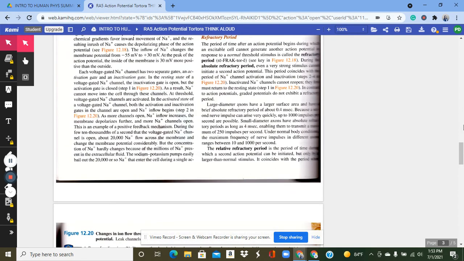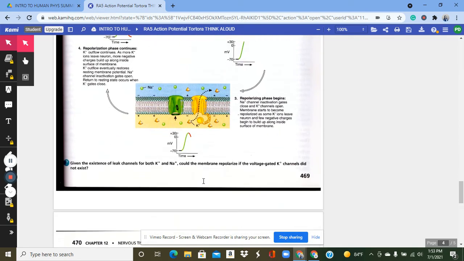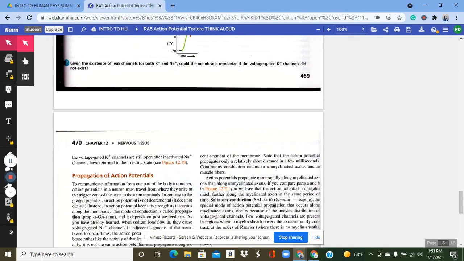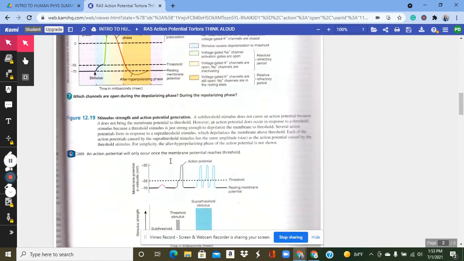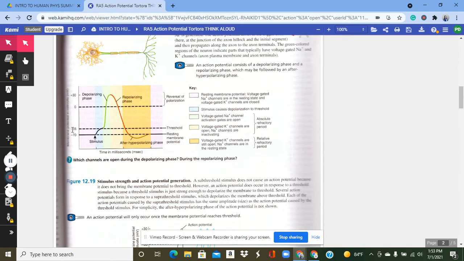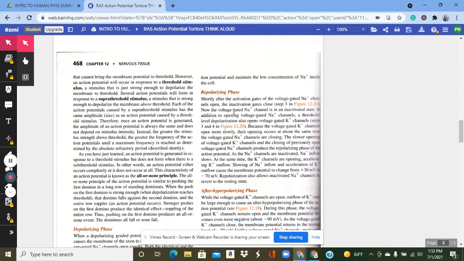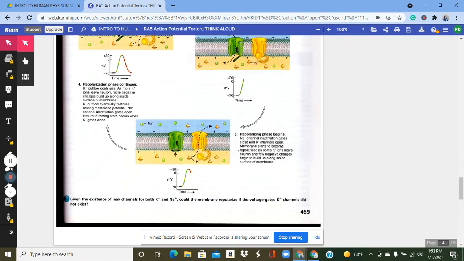It coincides with the period when the voltage-gated potassium channels are still open after inactivated sodium channels have returned to their resting state, figure 12.18. So as you can see here, it returns to resting state and then repeats the cycle again.